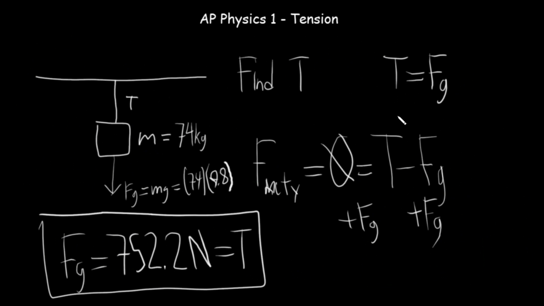So the tension force that is responsible for keeping the box up is equal but opposite to the force of gravity that is making an effort to pull it down. So these two are equal. And you can also figure this out by setting up your F net y equation, which is equal to 0, and you just list the forces in the positive direction and the forces in the negative direction.